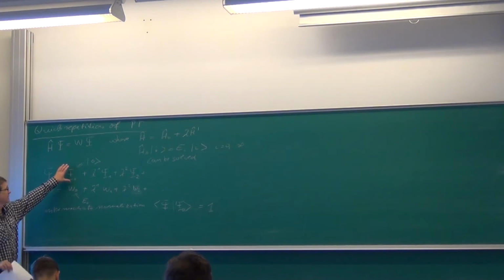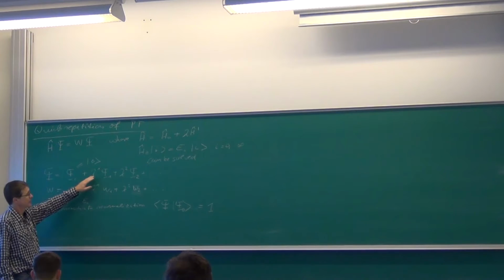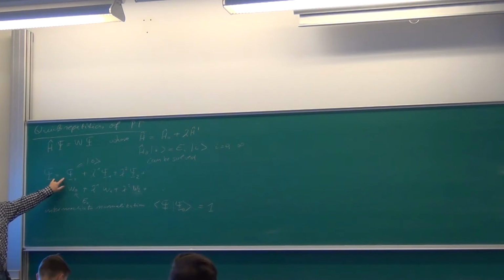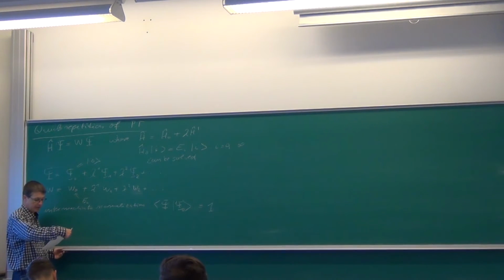Because that's the solution if there would be no perturbation. That's our expansion point, and we correct it by all those. And we require now that the overlap between those two is 1, which is called the intermediate normalization.